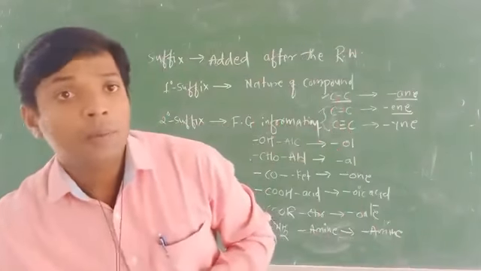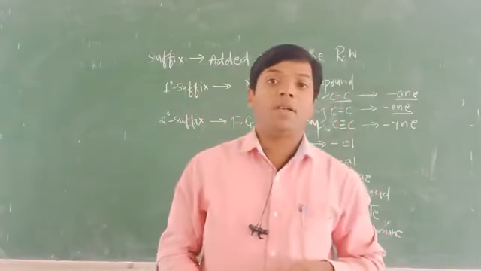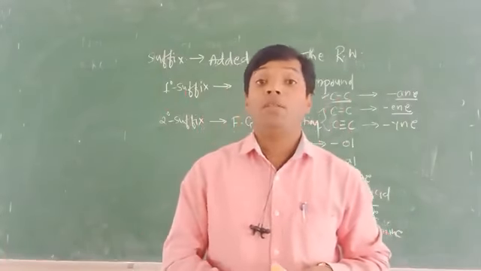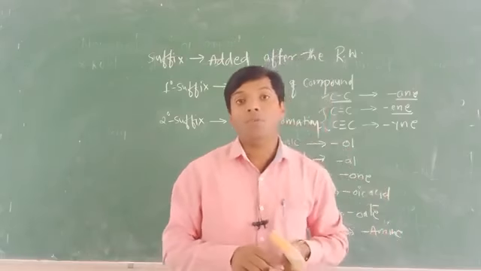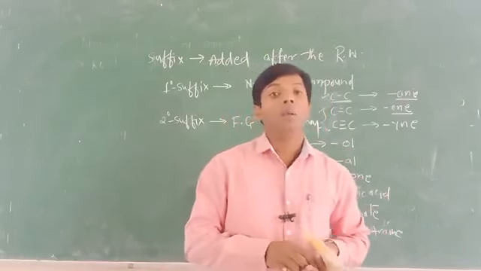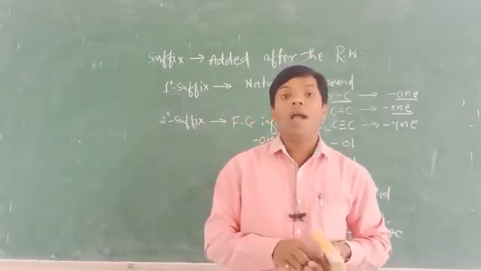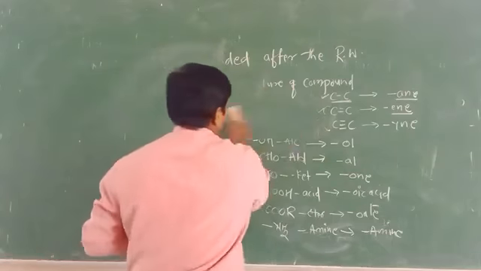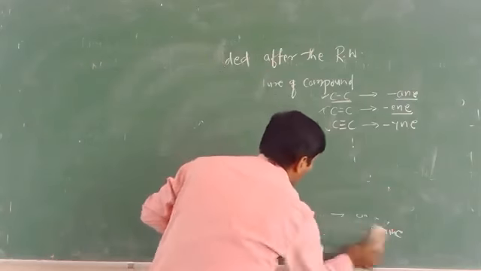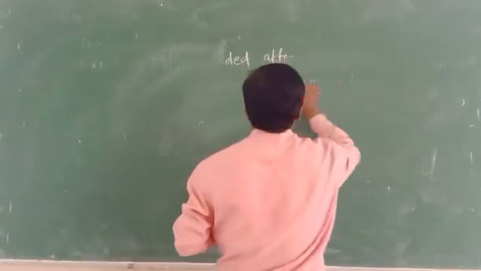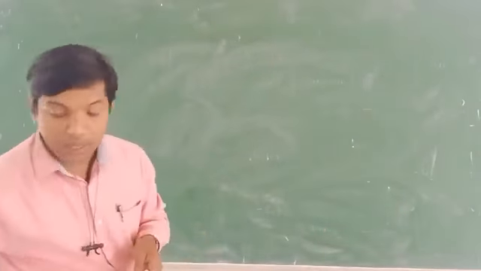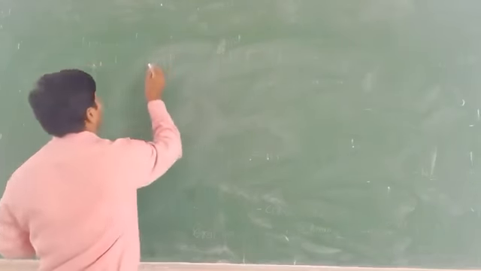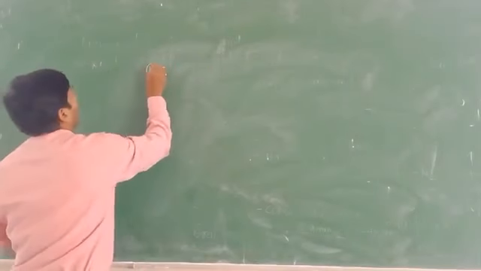Apart from the primary and secondary prefix, you will also get three different prefixes, that is prefix normal, prefix neo, and prefix iso. So we are going to discuss when you can use prefix n, prefix iso, and prefix neo.